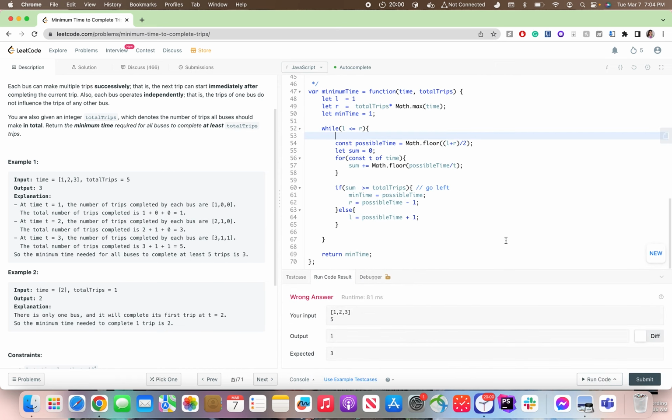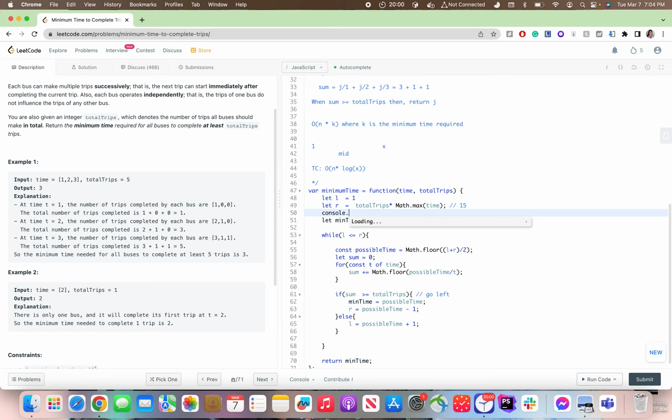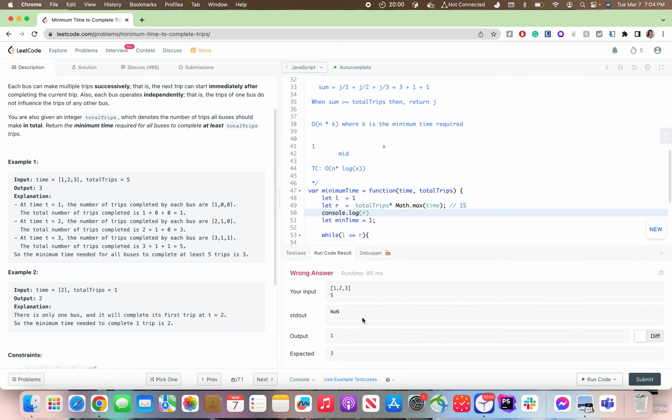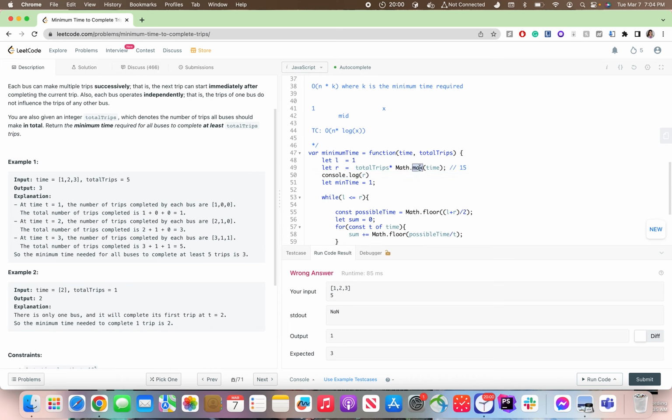Oh my god. My output is 1 and expected is 3, or 1 to 3 as well. So first of all, let's see, the maximum time would be here 3, 5, 3, 15, right? Let me console log r, the Math.max time.